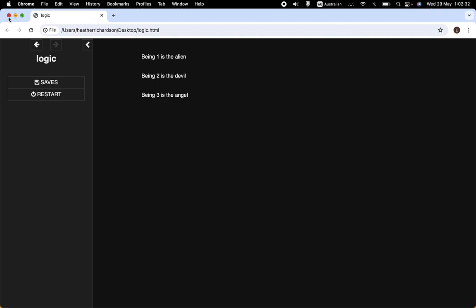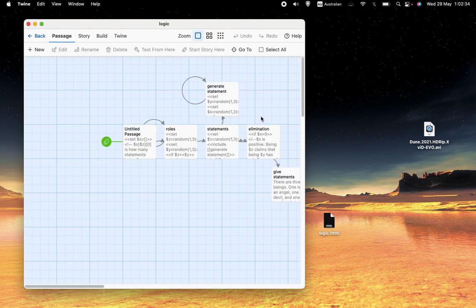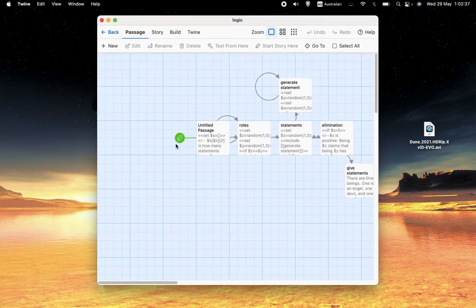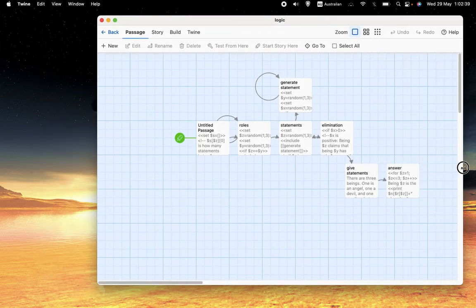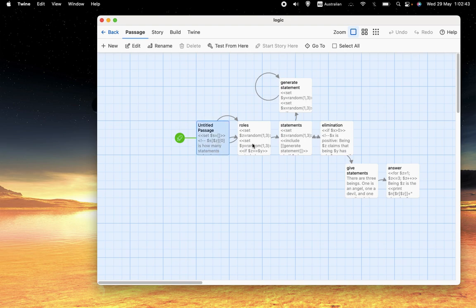So let's now go through the code that was necessary to make that happen. These two pages are basically the same where we set up the variables. The differences start here.